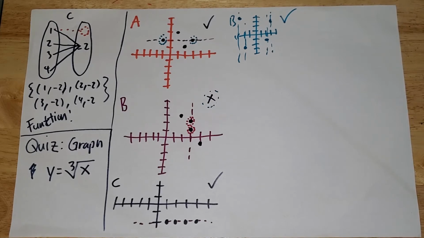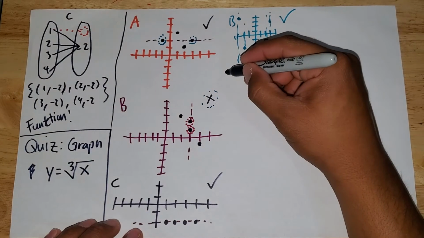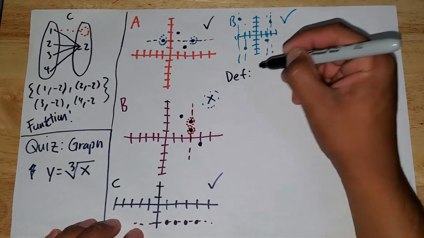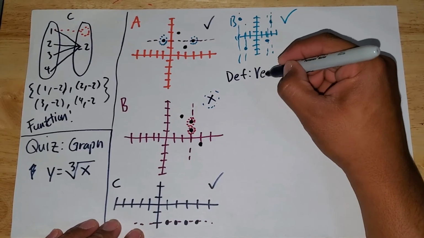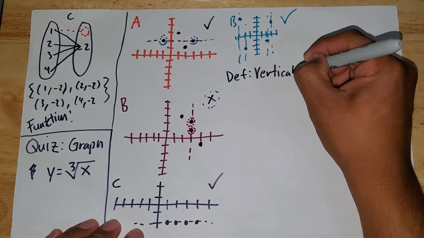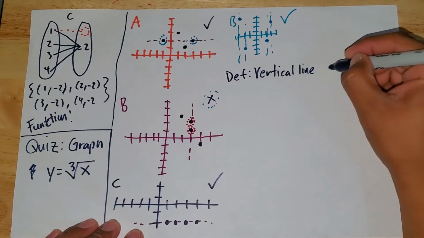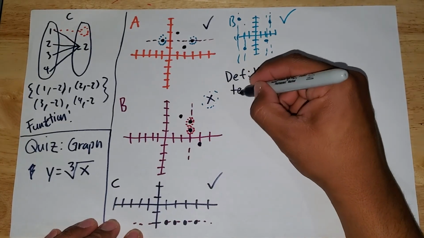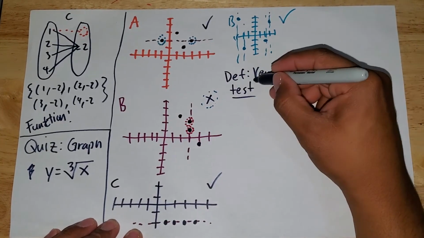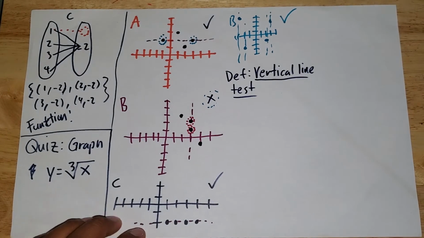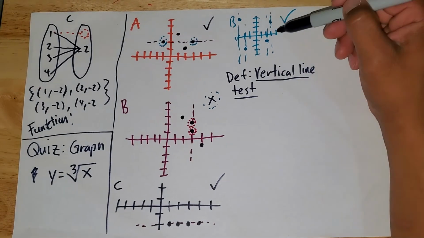And this idea of being above each other, I'm sure you guys are already thinking, gives birth to this idea of the vertical line test. Because if you saw me, I was already doing it.